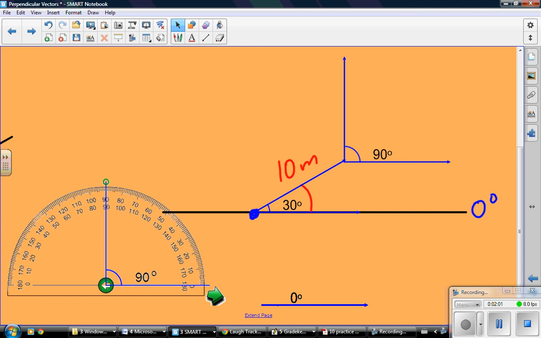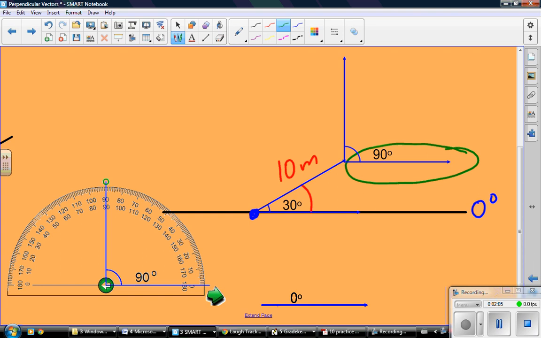What does this blue line here represent? 0 degrees. So we have to start at 0 degrees again. So this is also 0 degrees. And we have our 90-degree angle right there. So when you're adding them, we're always referencing 0 for our original ones.